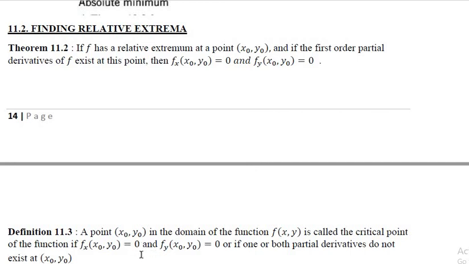Now we will see the definition of a critical point. A point x0, y0 in the domain of a function f of x, y is called a critical point of the function if the first order partial derivatives both equal 0, or if one or both partial derivatives do not exist at the point x0, y0.